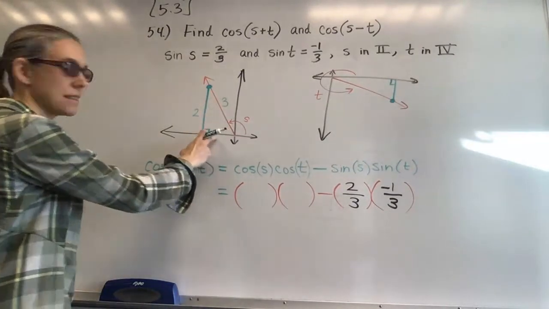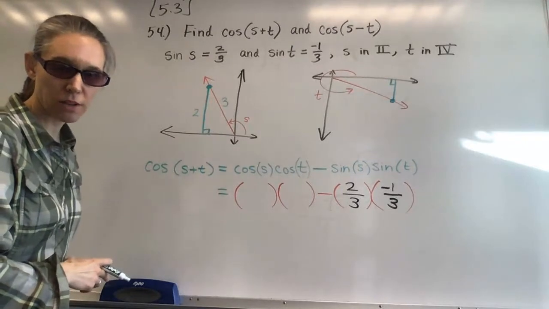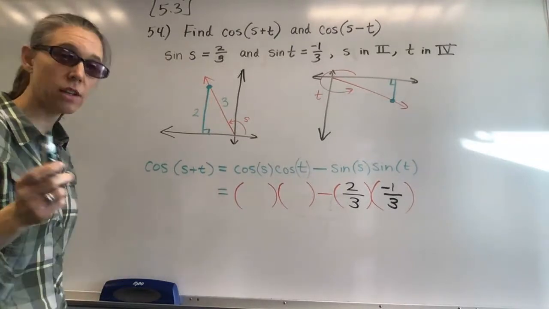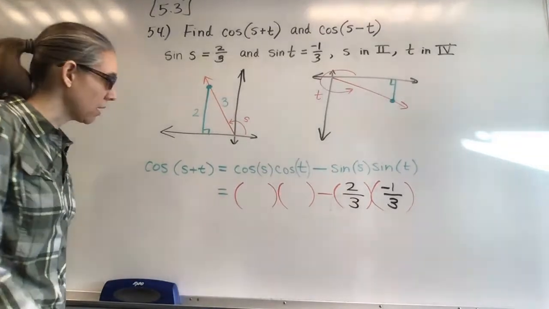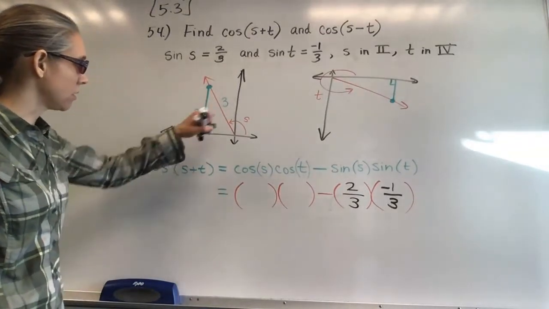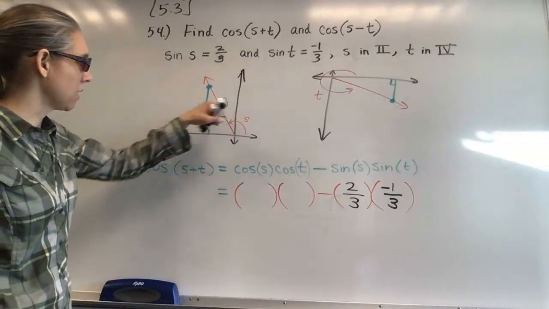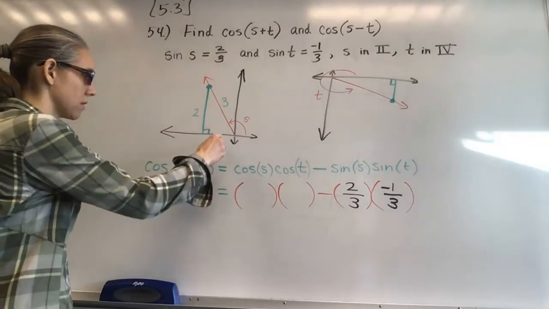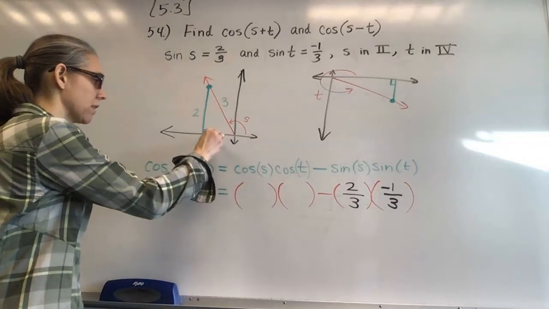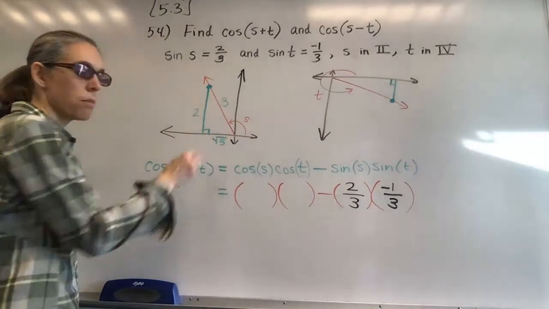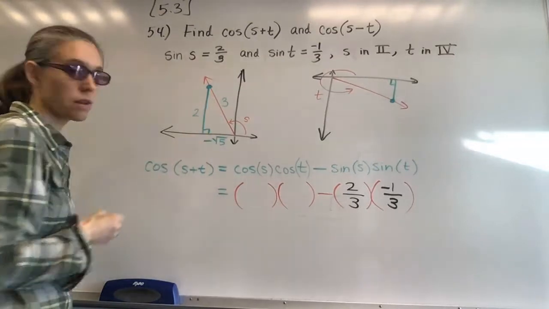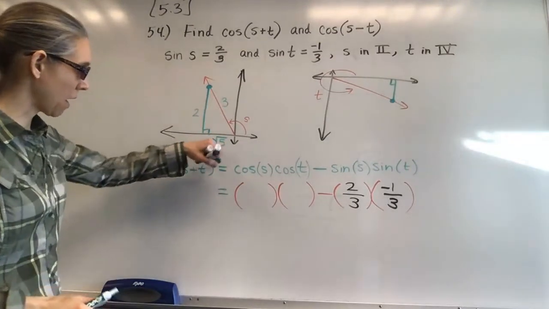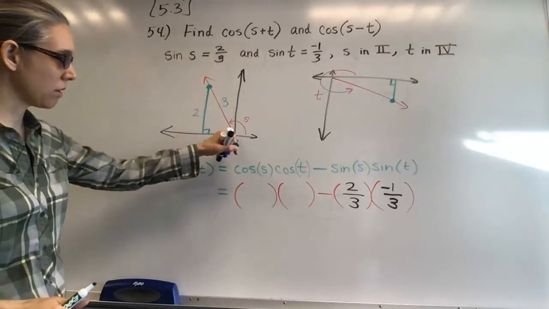So the missing side you can find using Pythagorean theorem. You do not need to show the work of showing the Pythagorean theorem. We did that in the previous unit. So instead, you can just do this in your head. You've got 9 minus 4 is 5, so this is the square root of 5. The length of this side is the square root of 5. But I'm going to go ahead and label it with negative so that I can remember I'm going to the left here, right?